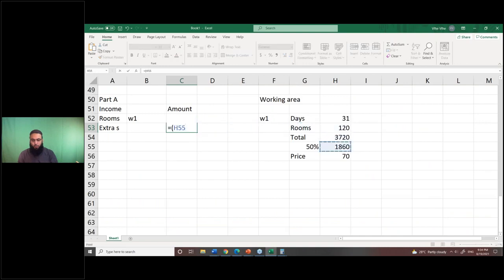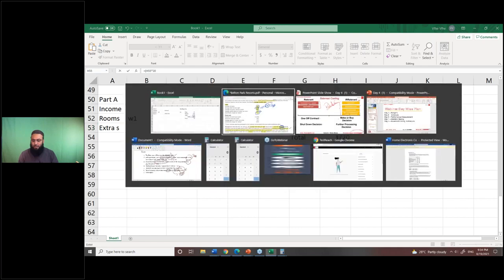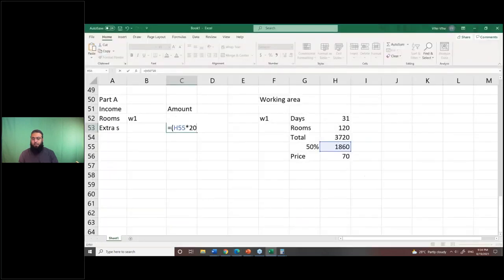So let's see. 1860 is basically the capacity that you will use. 20 is the rate per room, into 60% is the contribution. Okay, so 0.6, I'm using 60% because that's the contribution, and this gives me the answer of 22,320, right?